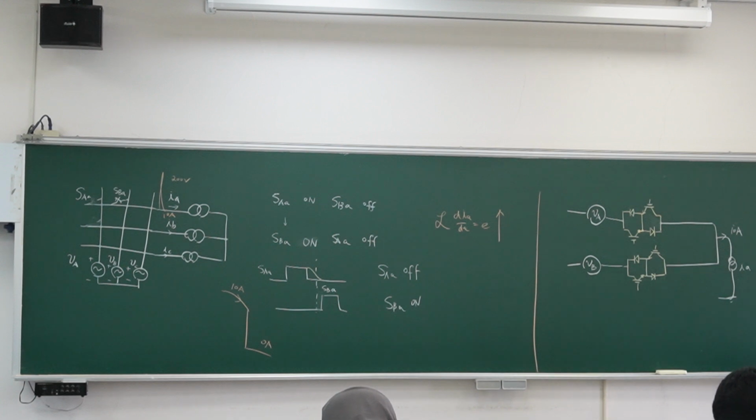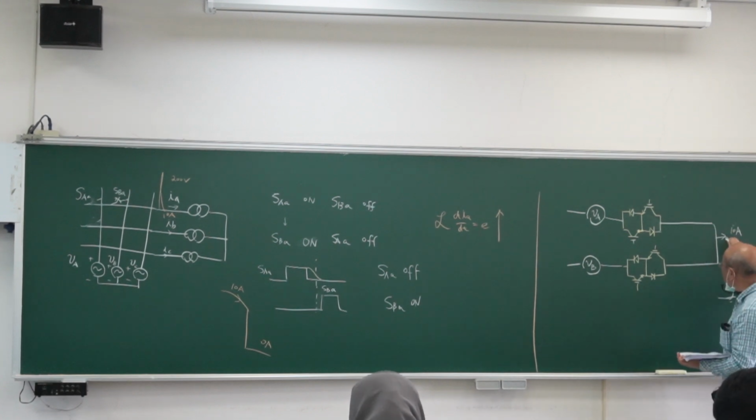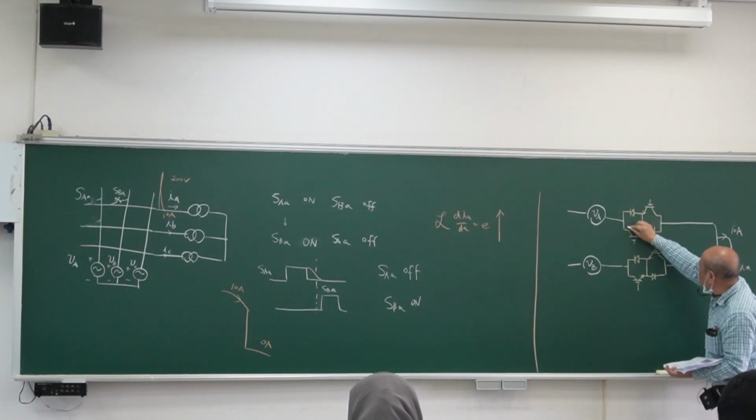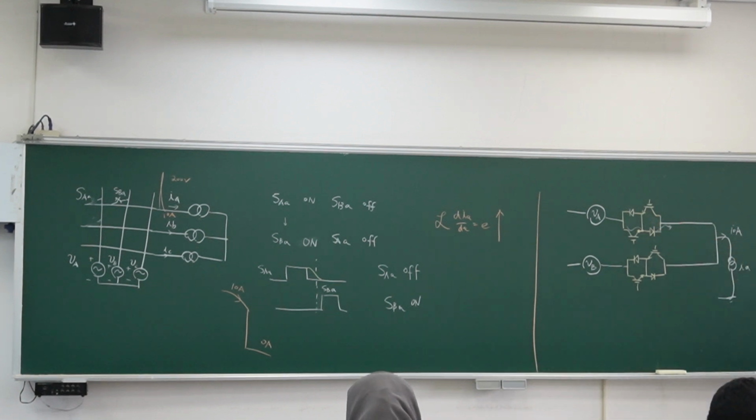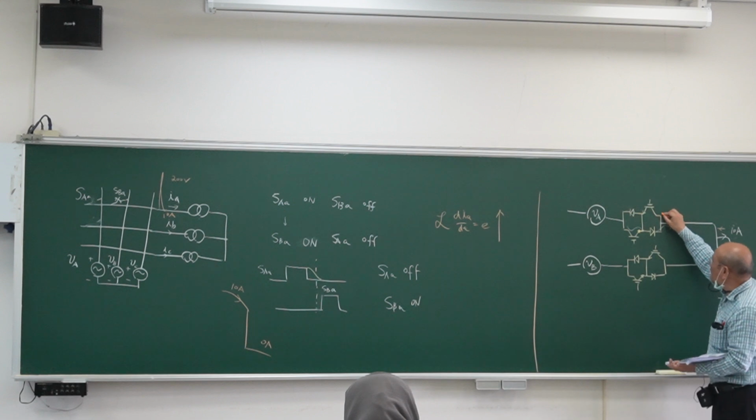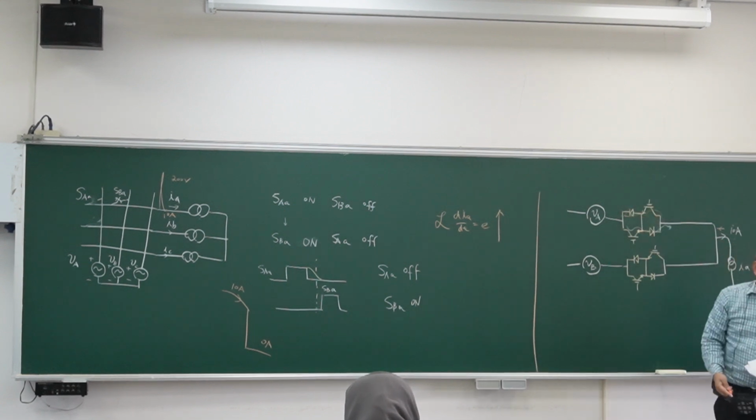Now we use real switches to replace AC switch. So if you have current change direction, if current is 10 ampere, then you can go this way, right? If current is the other way, what should you do? You have to choose this case, right?